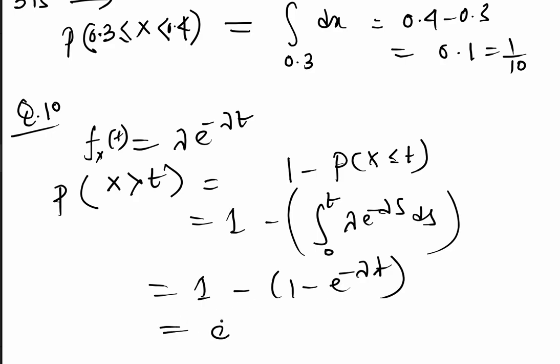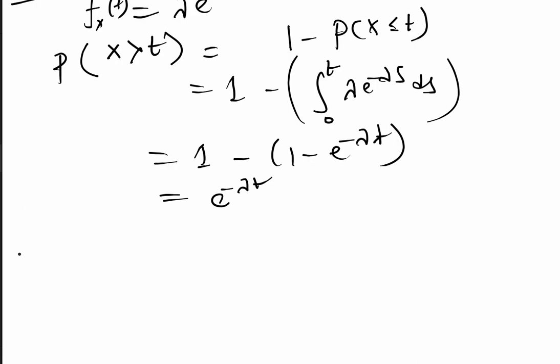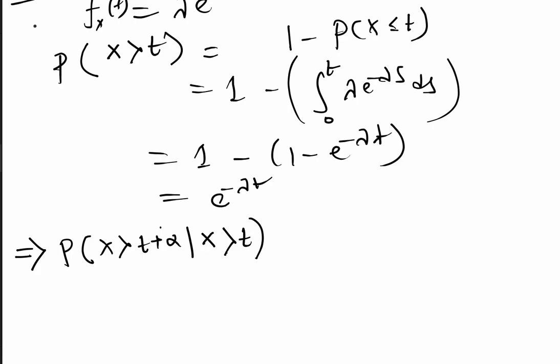So this is basically e to the power minus lambda t. Now for memoryless: what is the probability that x will be greater than t plus alpha if we already know it is greater than t?